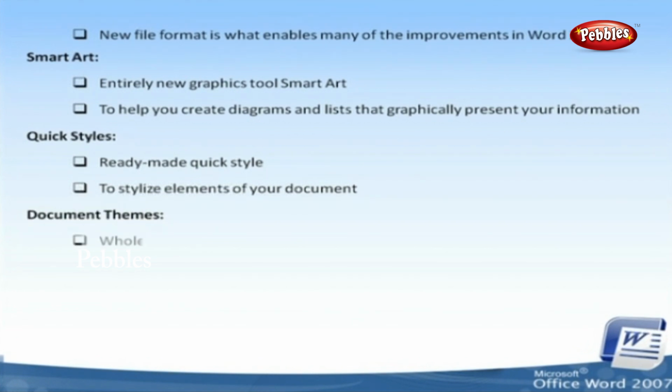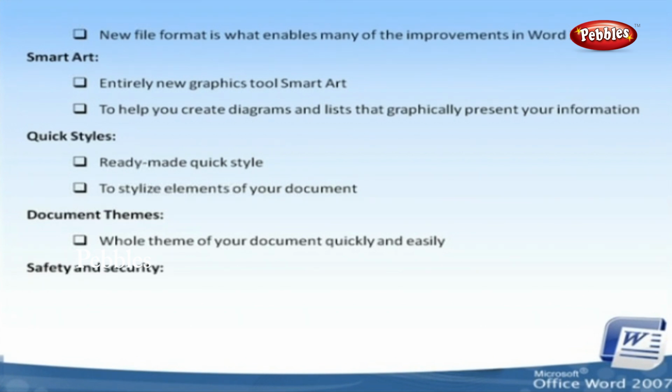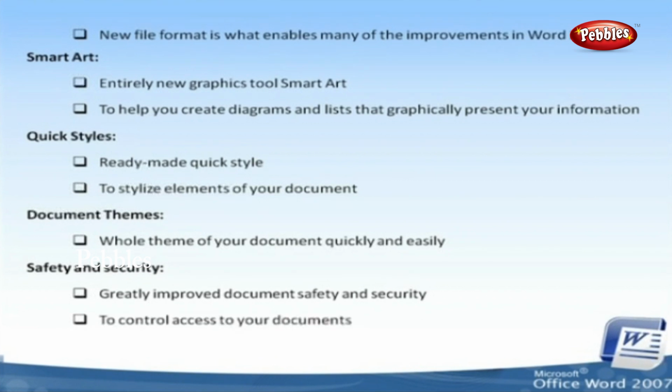Change the whole theme of your document quickly and easily. Safety and security. Word 2007 has also greatly improved document safety and security. You'll be better able to control access to your documents. Keep a keen eye on all the upcoming sessions to explore all of these and other new features in greater depth.